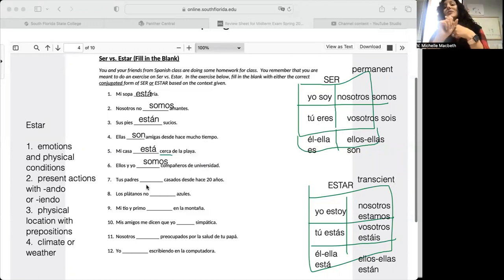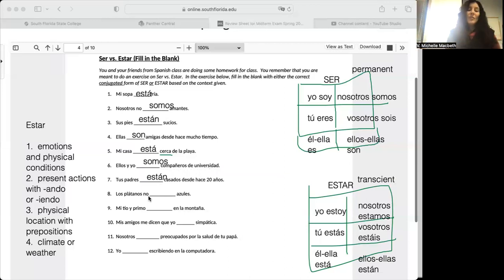That is viewed as transitional rather than permanent. Being married is also viewed as a transitional phase of life rather than permanent. Getting divorced or dying or being in love, those are all viewed as transitional states of being, and so they fall under estar. So you should remember this one from the exceptions. I don't know if you do, but that's a good refresher.